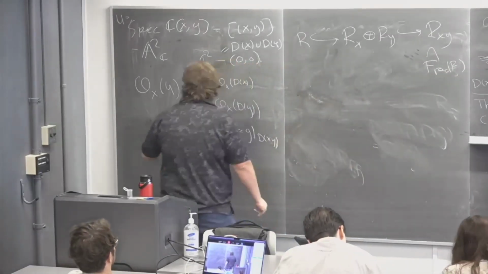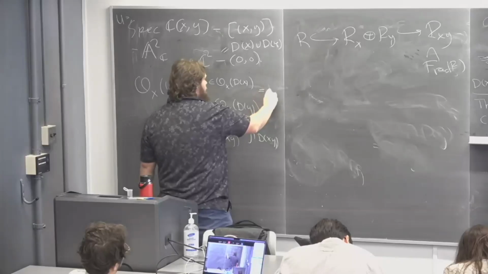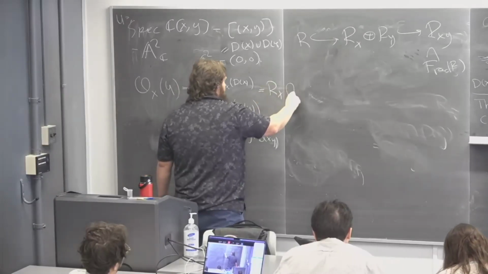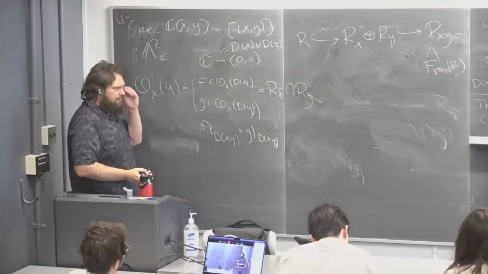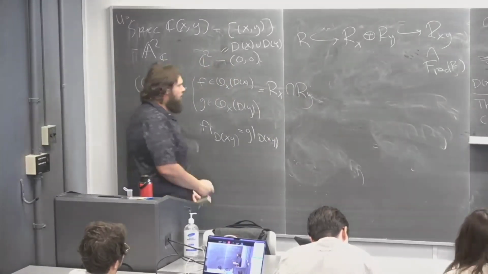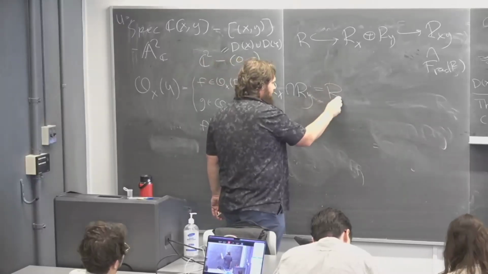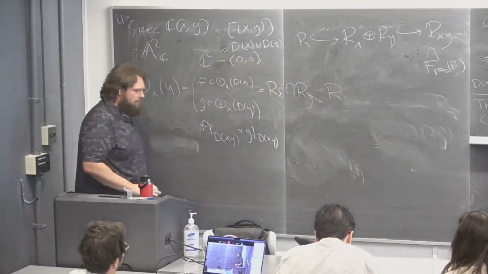So this is just equal to, as subrings of the fraction field, R_x intersect R_y. Well, that's just R. Right?